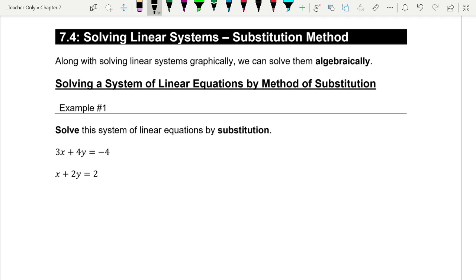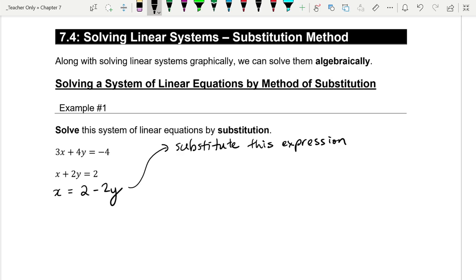I look at this equation here, x plus 2y equals 2. I can use my algebra skills to rearrange it. I can minus 2y from both sides of the equation, and I would get the same equation, just written slightly differently. And now I'm going to substitute this expression for x into the other equation.